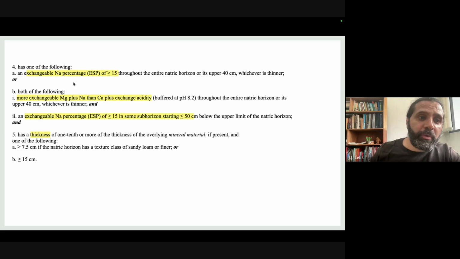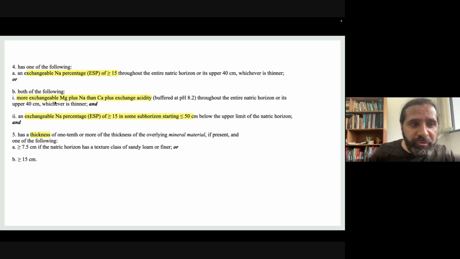So the result will be the exchangeable sodium percentage. If it fits a minimum of 15% in the entire natric horizon, or at least the first 40 centimeters, okay, I have a natric horizon.